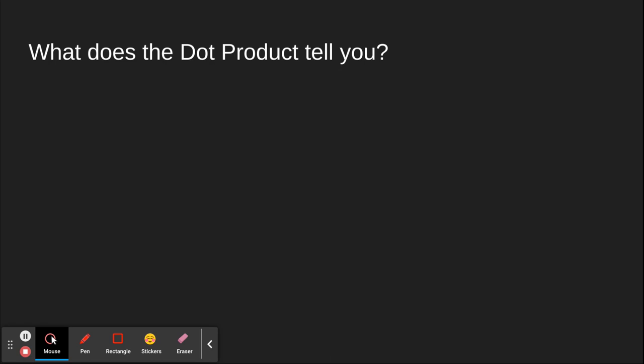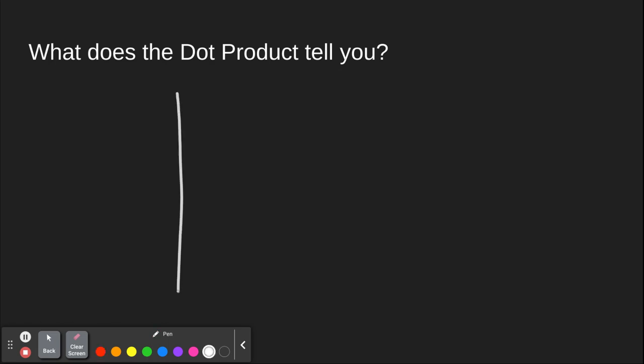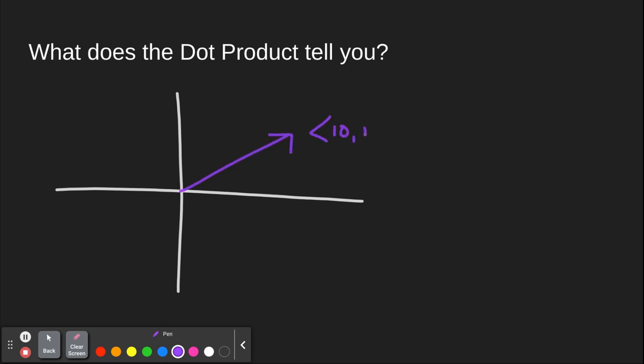Okay, what does the dot product tell you? It essentially is a compatibility test between two vectors. So if we had a vector like this, it looks like it might be 10, comma 4. And we had a vector like this, how about 12, comma 0?